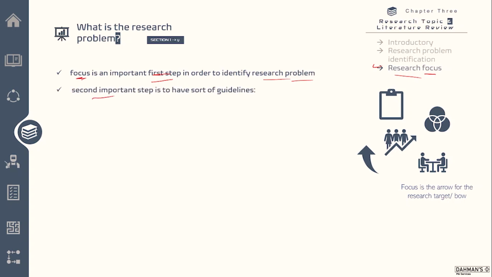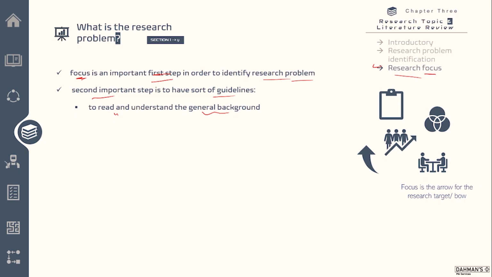The second important step is to have some guidelines, some principles. The first principle may be you must understand and you must read about the general background about the problem. Imagine the previous outline, I gave you an example.